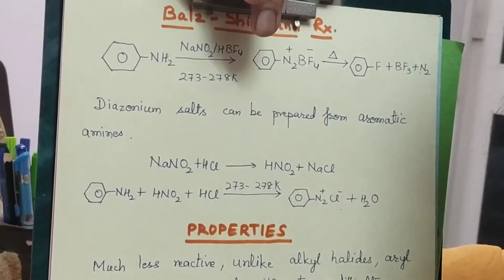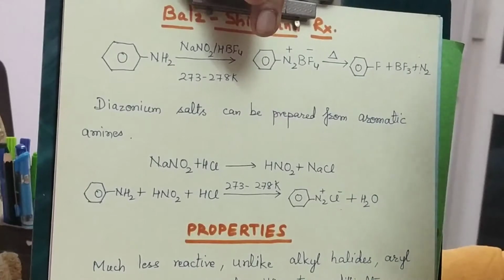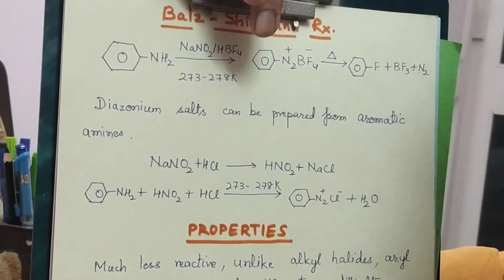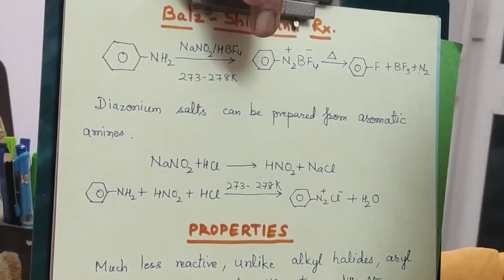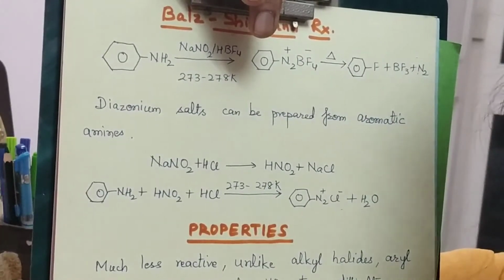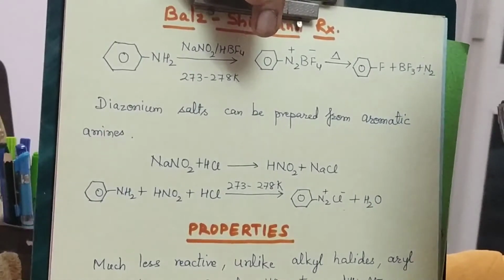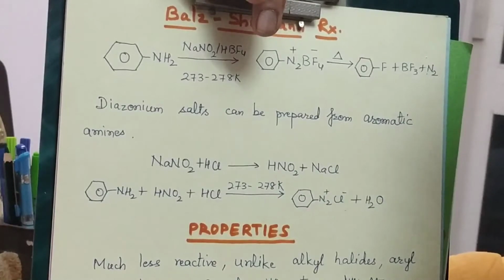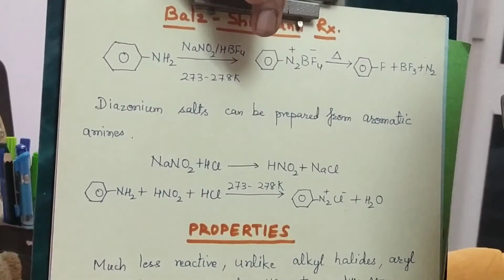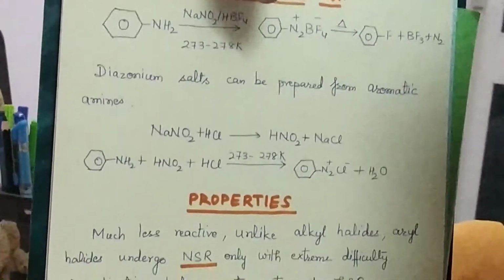In the case of aryl halides, however, only a few reactions are shown, and that too under very drastic conditions. You'll come to know about these conditions, and this contrast with alkyl halides, when you follow a few reactions. I'll be taking here the example of chlorobenzene, which is a typical aryl halide.